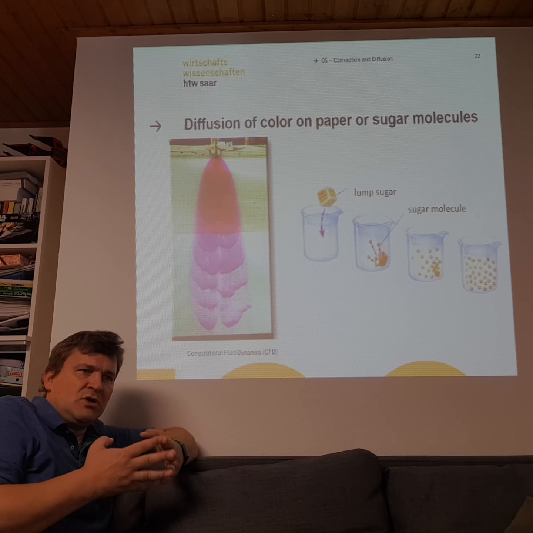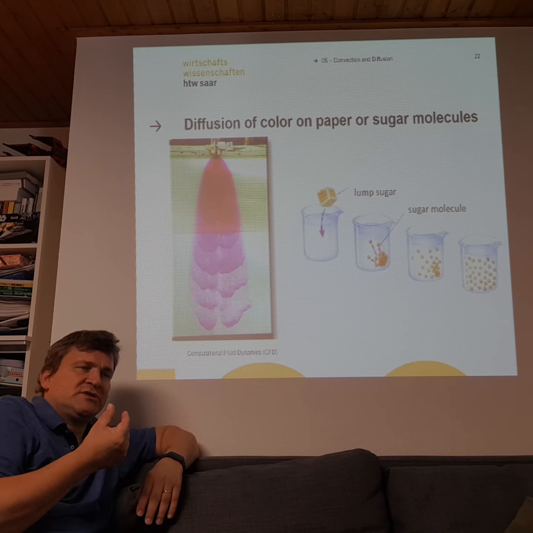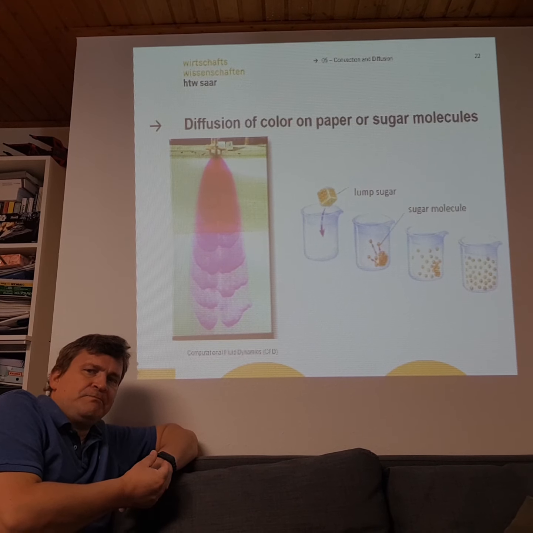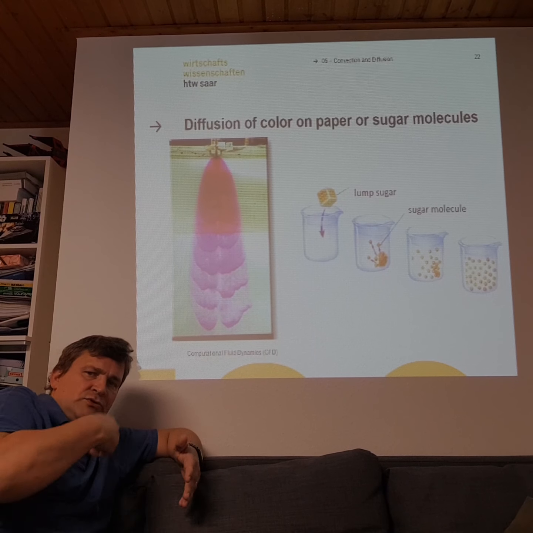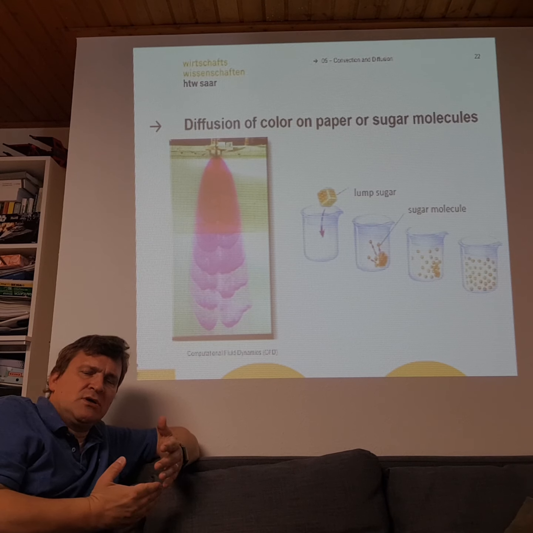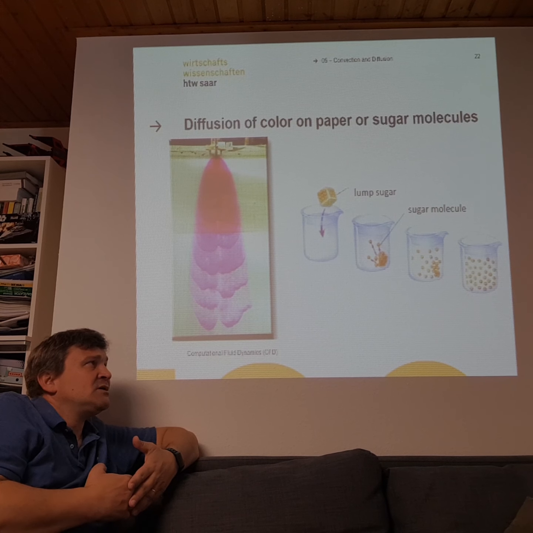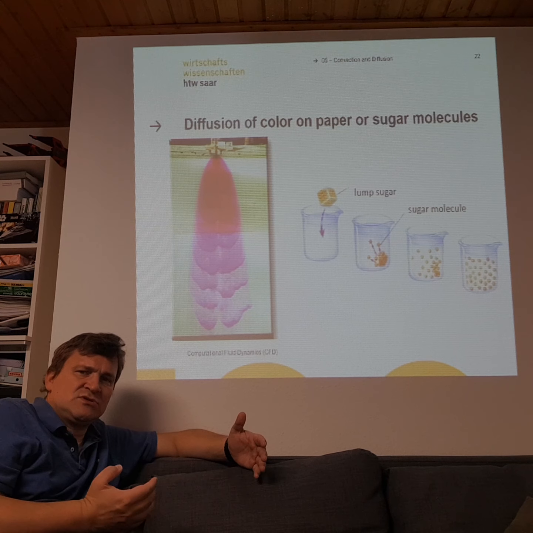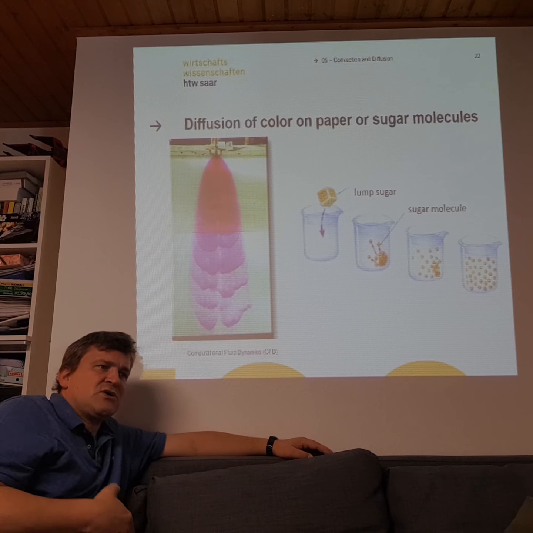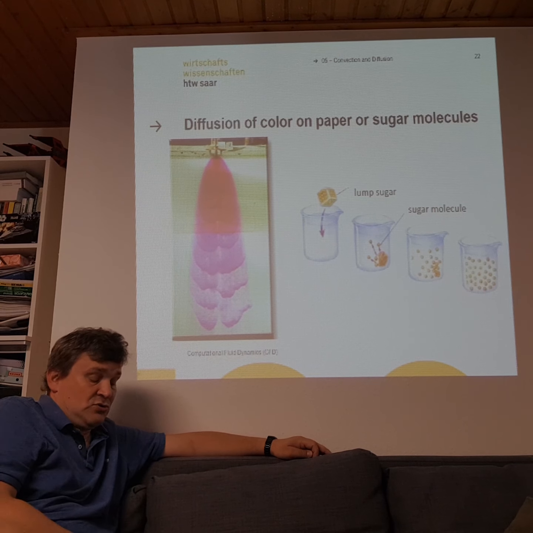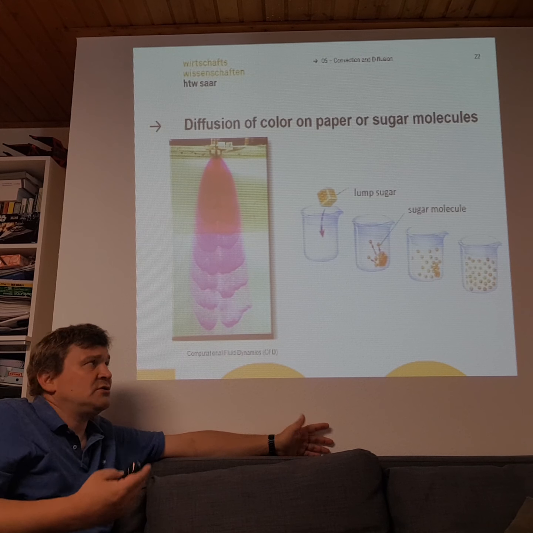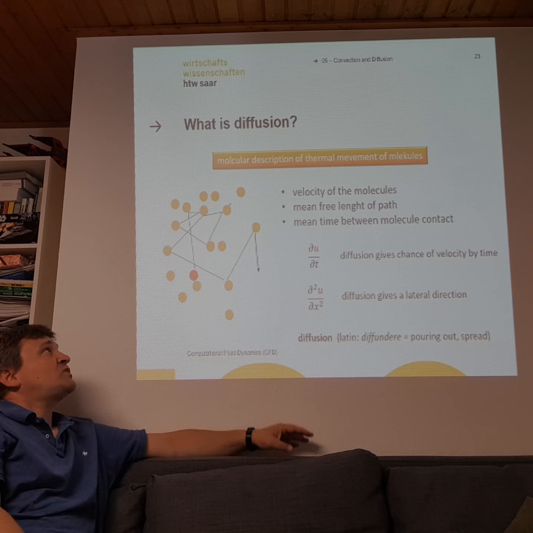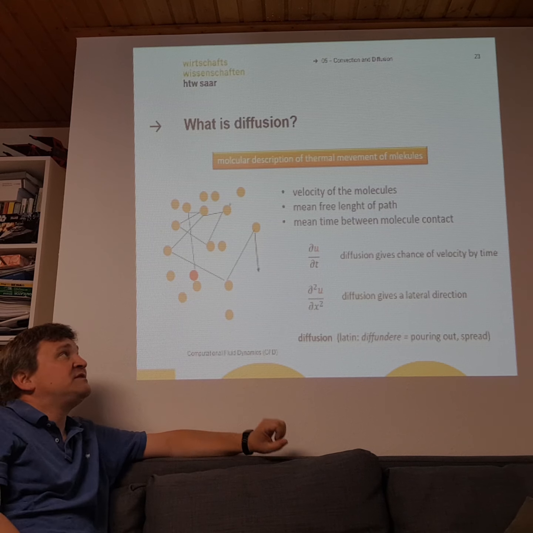Even if there's no convective flow, no mixing, the sugar will be driven by diffusive flow. It will diffuse into the water, and after some time the whole water is mixed with sugar. And how can this happen? This happens by the effect of diffusion.